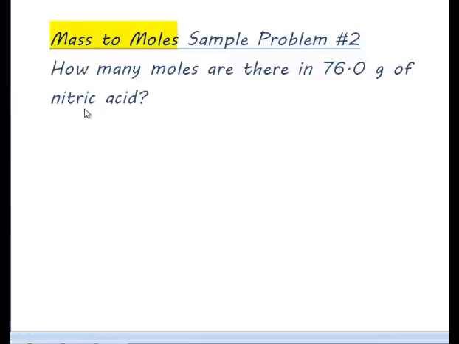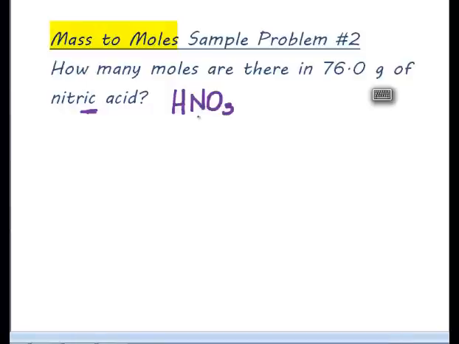Well, a ternary acid ending in the suffix ic generally is derived from hydrogen blank ate. So in other words, hydrogen nitrate is the formula or substance from which we derive nitric acid. So with that in mind, we go to our handout of common oxidation numbers, and we can determine rather quickly that the formula for nitric acid is HNO3. Once we've done that, we're going to need to convert to moles.